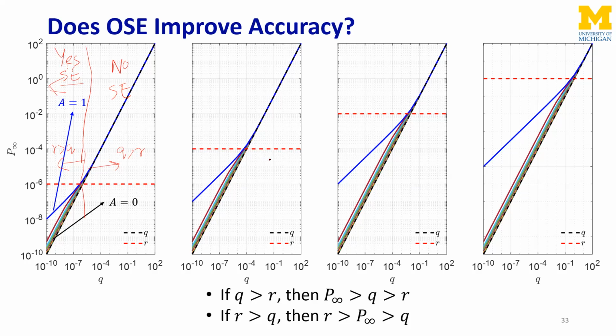You see the same trend everywhere: when you have the process noise smaller than the measurement noise, your state estimates actually improve. So to answer the question, do optimal state estimators improve accuracy? Yes, they do, if the process noise is smaller than the measurement noise.